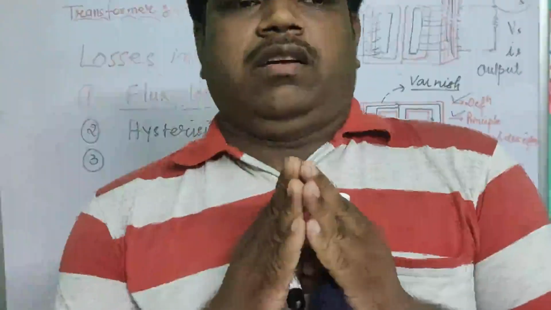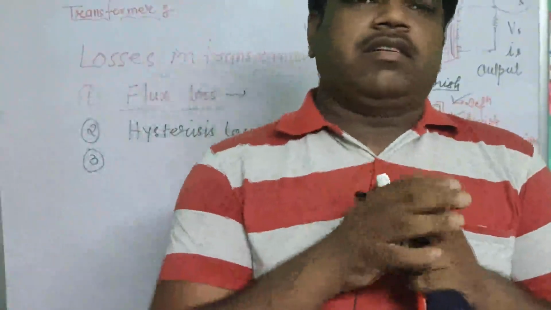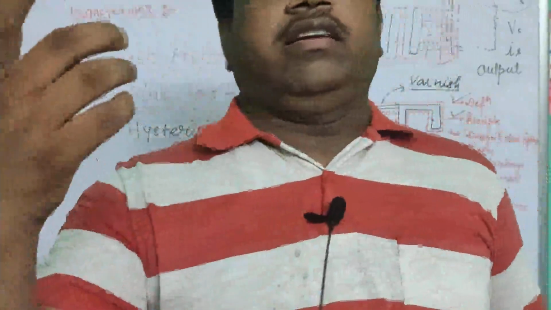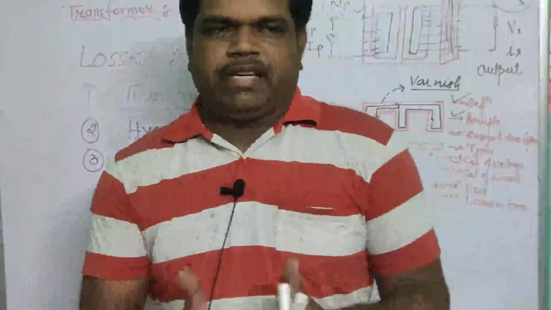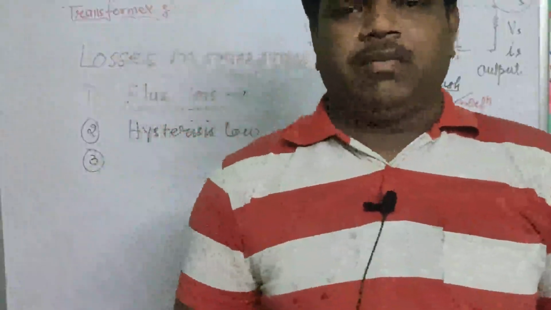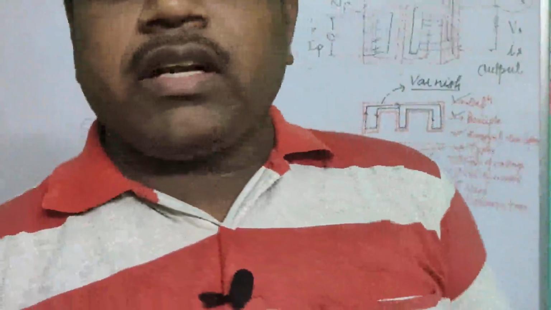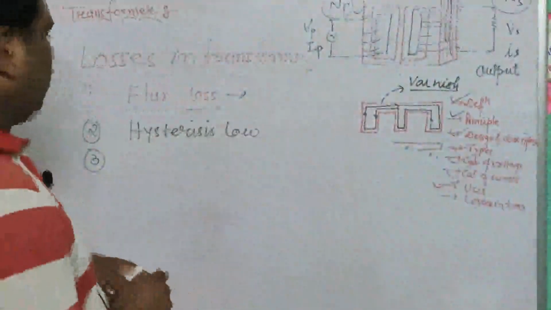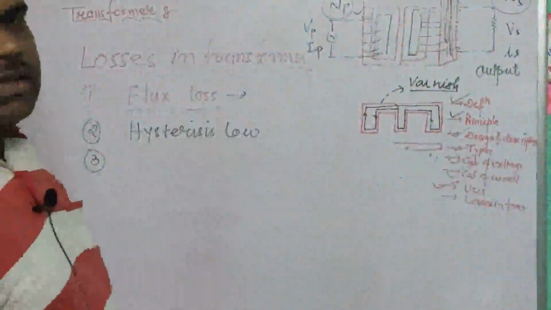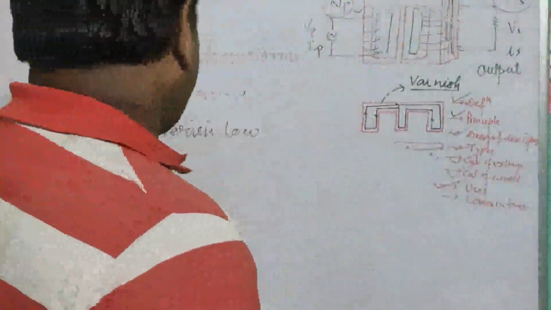When the direction of current becomes clockwise, there will be magnetization. On the other hand, there will be demagnetization. Because of magnetization and demagnetization, there will be wear and tear in the coil. This is termed hysteresis loss.